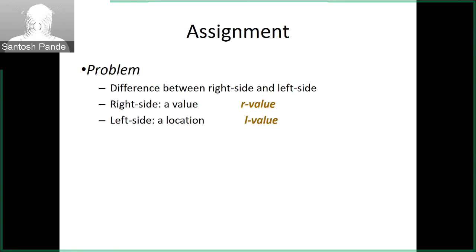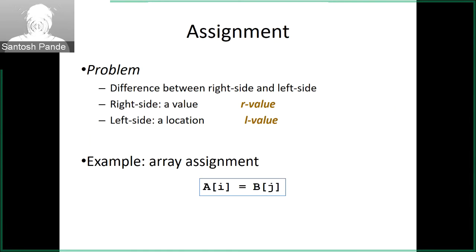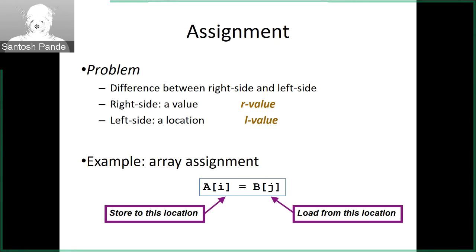Last but not the least, the difference between R value and L value, especially for arrays and other complex variables. Just a quick note on that. We already saw how the R value is handled for arrays. Let's see how the L value will be handled. So first of all, whether it is R value or L value will be deduced using the AST.